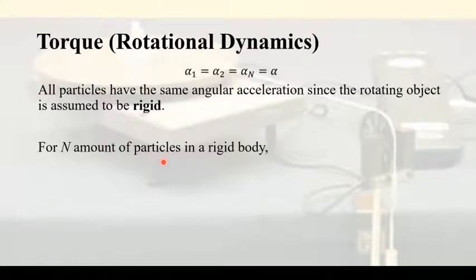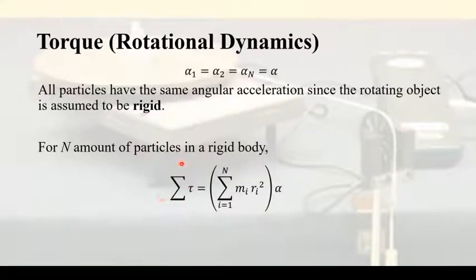So for n particles, just now we were calculating the torque for each particle. Now you're going to look at more than one particle. So how are you going to calculate torque? The total torque is equal to the total mr squared times alpha. Like I told you just now, alpha is a fixed value.